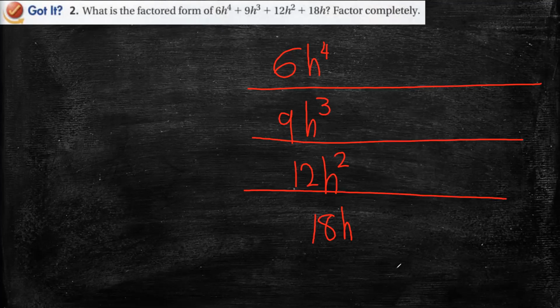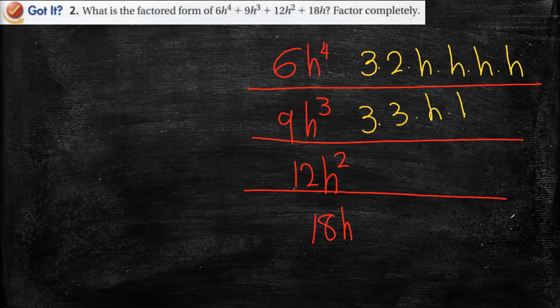Then 6 is 3 times 2 times h times h times h times h. Here it's 3 times 3 times h times h times h. Here it's 3 times 2 times 2 times h times h, because 12 is 3 times 4 and 4 is 2 times 2. And the 18, I will write the prime factors for it.